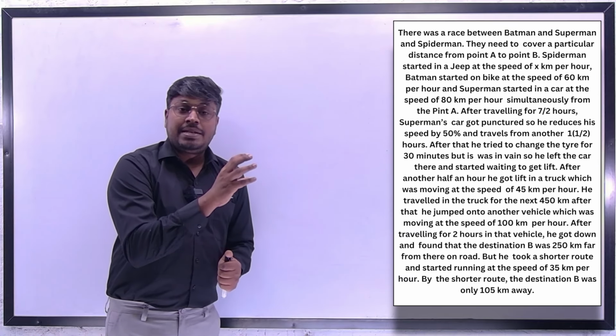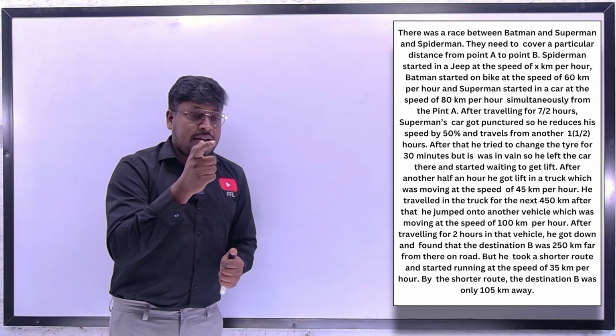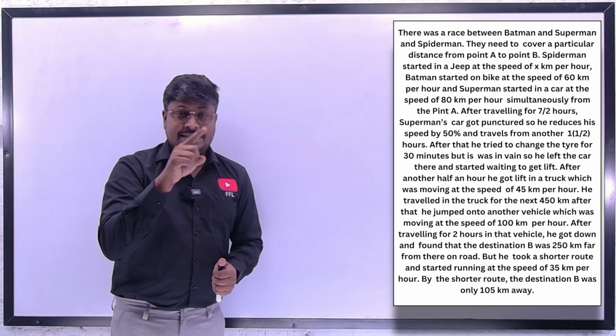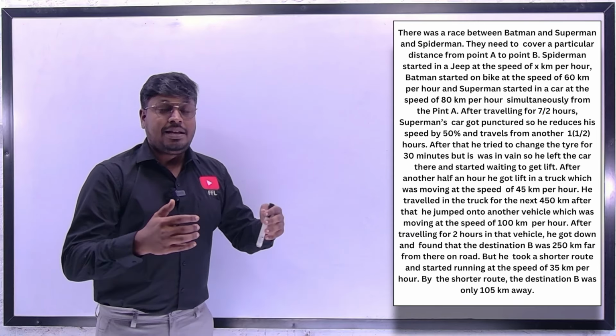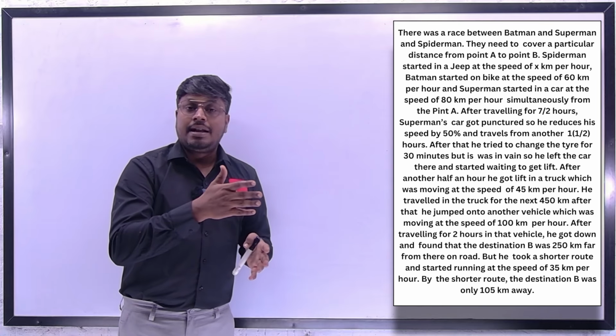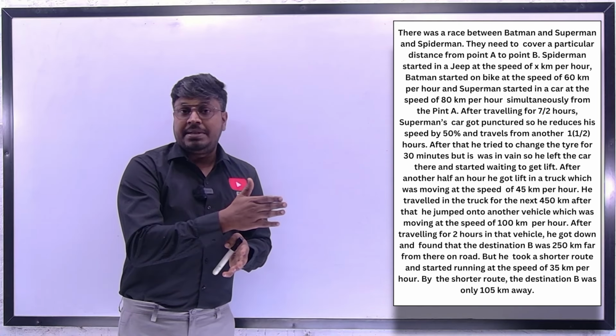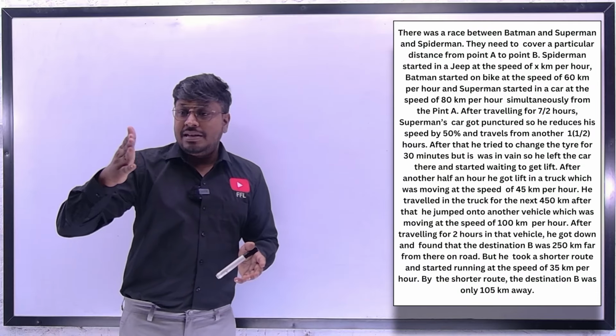I think this question is based upon the races concept. I have posted a separate set of 6 lessons only on the races concept. For example, if there is a circular track and 3 persons are running on it, who will win the race? The first person beats the second person by 20 minutes, or the first person wins over the second person by 20 kilometers.